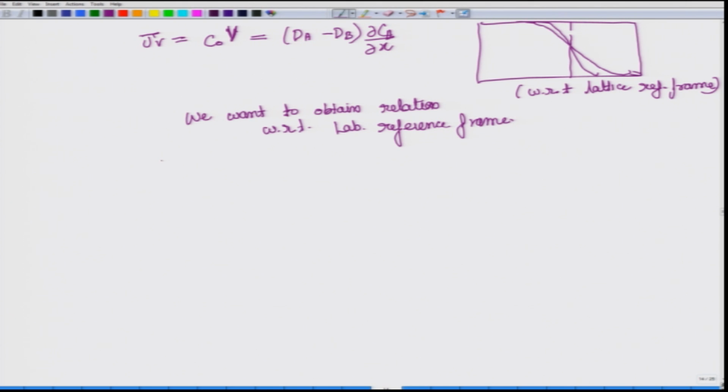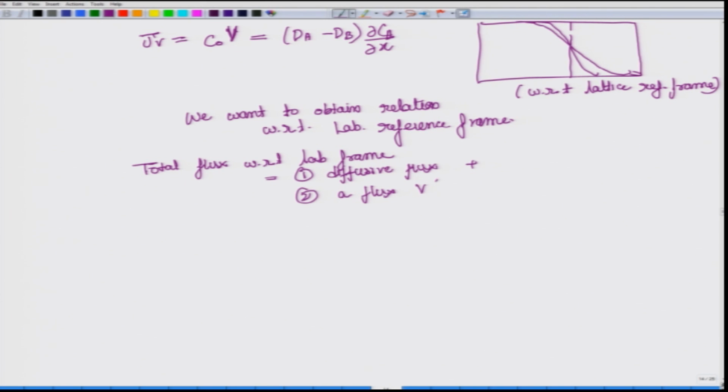With respect to the laboratory frame of reference, the total flux can now be assumed to be contributed by two parts. One is the usual diffusive flux that we have already accounted for, plus the second one is a flux VCA due to lattice movement.